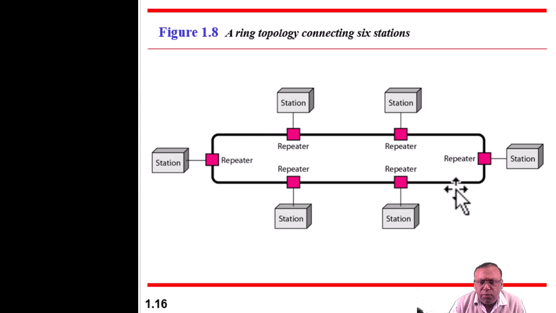The only problem is that you have to decide the direction of the flow of information, clockwise or anti-clockwise. And if the backbone cable faces some issue, then you cannot transfer the data. The second problem with this topology especially is that I can transfer the data only to the next system.